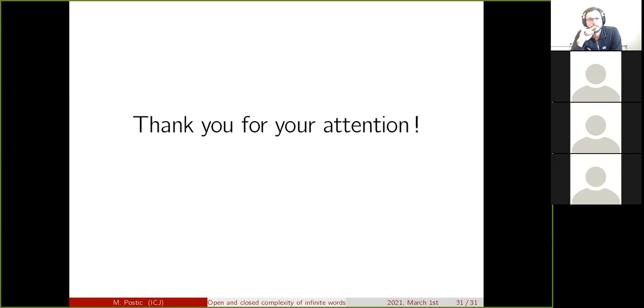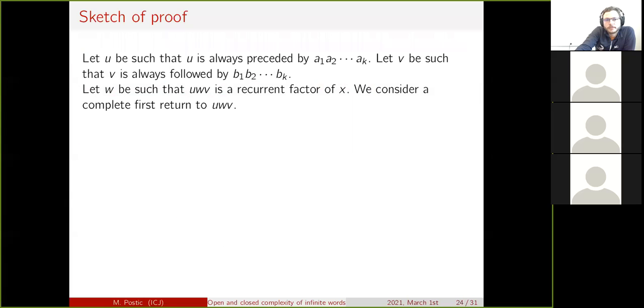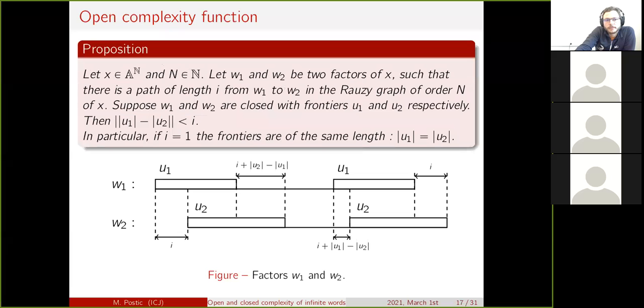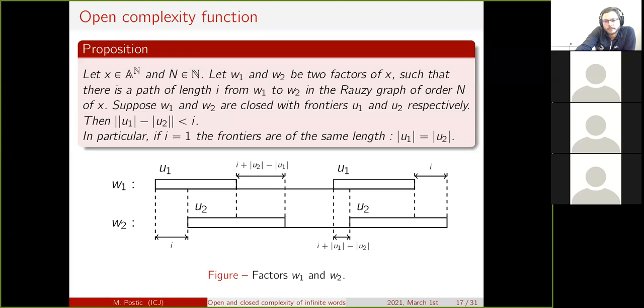I suppose that most of the proofs, like the lemma about Rauzy graphs, which is really important, I think you can have the same in B-infinite words. So I'm kind of confident that you would probably be able to get the same kind of result, because this thing doesn't change in B-infinite words. So I think it should be possible to extend it to B-infinite words, but I haven't looked at it.